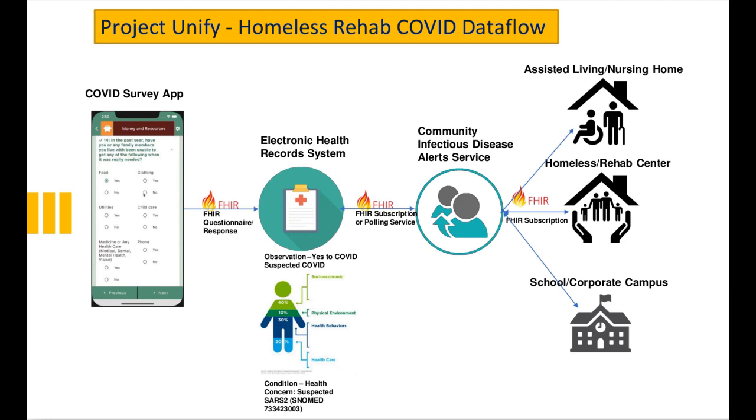However, having exercised her 42 CFR Part 2 rights to not share her substance use disorder with anyone, including her primary care provider, we are faced with the problem of how to alert the rehabilitation center of her potential COVID infection without revealing her substance use disorder.